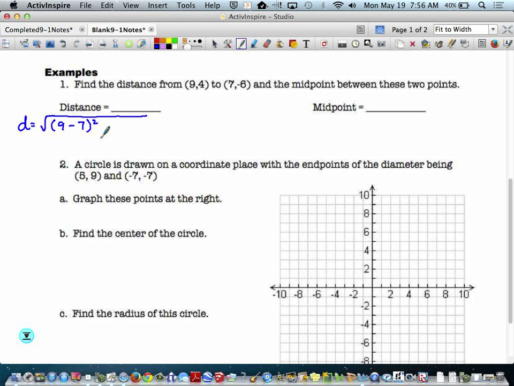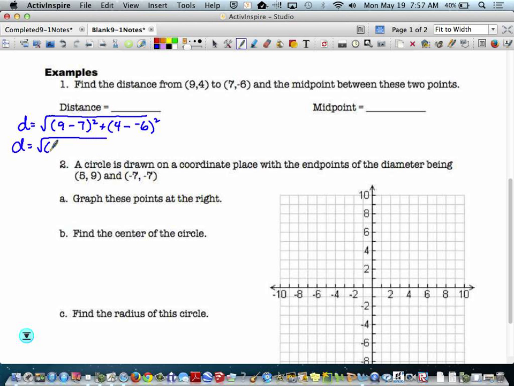So I'm taking the x minus the next x, square it. Then you have to go 4 minus -6. Now a lot of you with the double negative, as you write them down, you might simplify that on your own. I just write it out for the lecture that way.